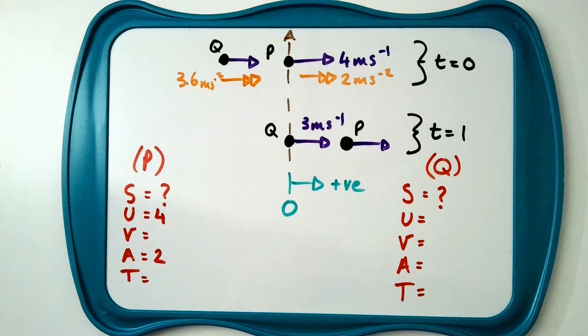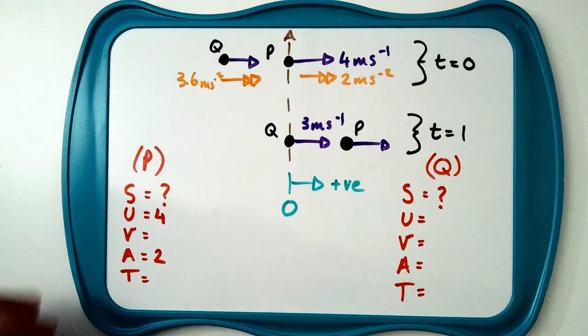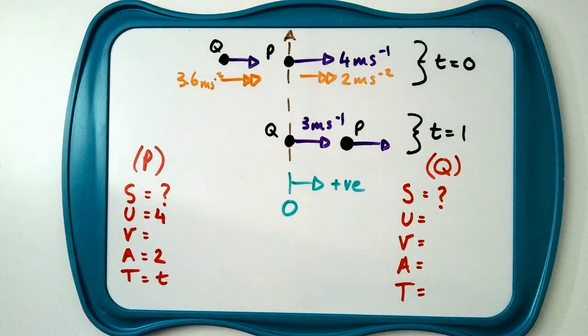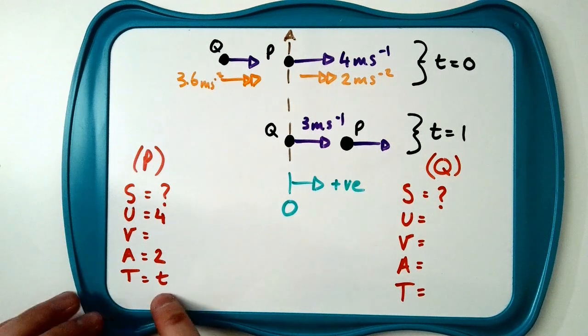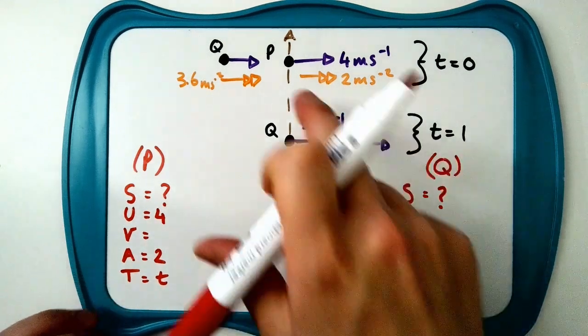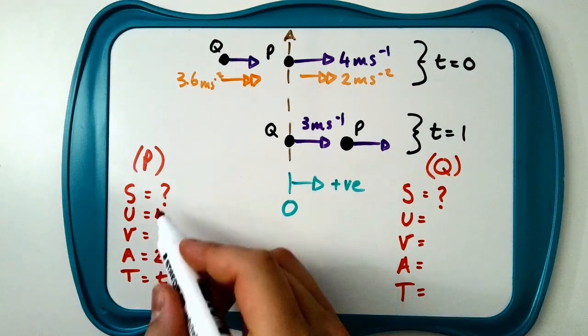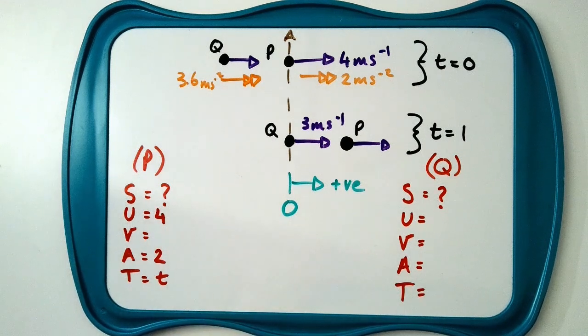And because this question is asking us for an expression of displacement in terms of t, we technically know t, and the value of t is little t. That's just representing an arbitrary time after particle P passes point A. So we've got 4 out of our 5 parameters. That means we can create a SUVAT equation.